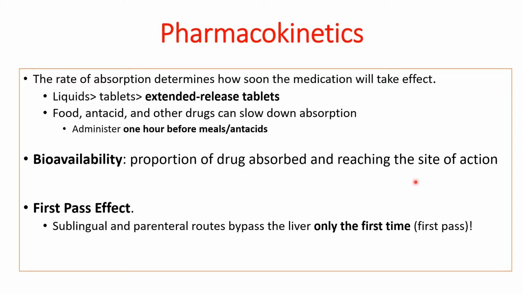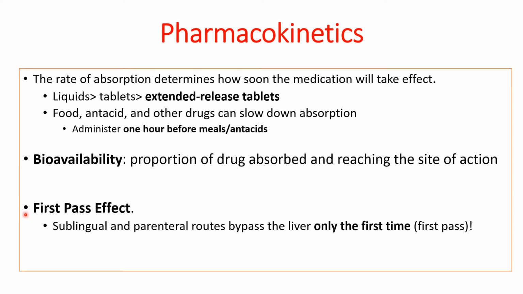So if you, for example, swallow 500 milligrams of acetaminophen, probably only a few milligrams are going to reach the receptors of acetaminophen that are inhibiting the production of prostaglandins in the brain and decreasing the pain. This is the proportion of the drug that is reaching the site of action.